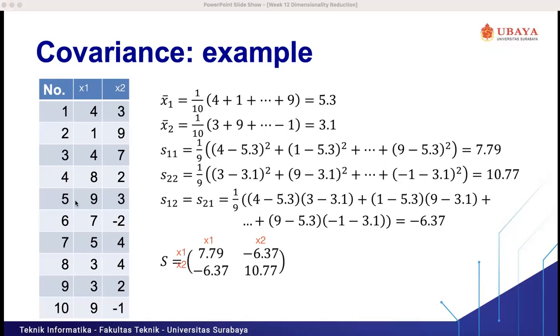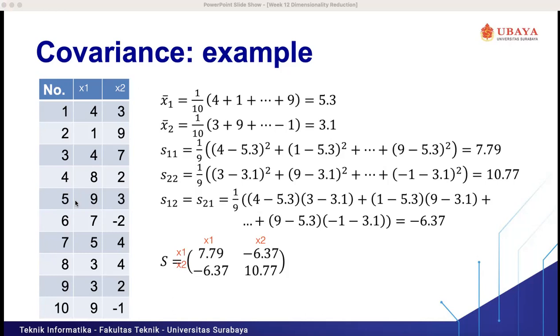This is how to calculate the covariance matrix if we only have 2 features in our data set. What if we have more than 2 features? The shape of the covariance matrix will be the number of features times the number of features. For example, if we have 3 features, the covariance matrix will have a 3 times 3 shape.